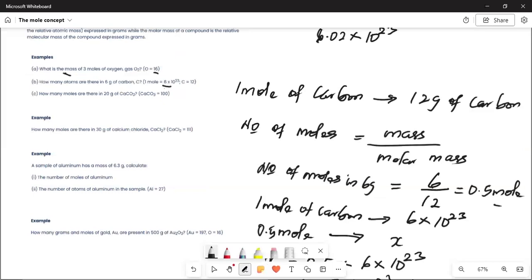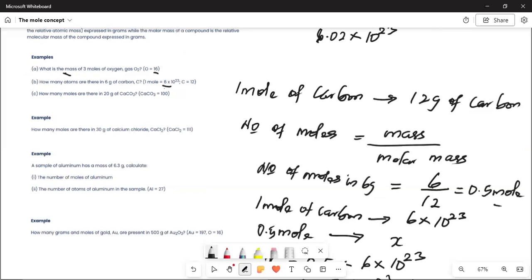To get the number of atoms, 1 mole of any substance, in this case carbon, which is an element, contains 6.02 times 10 to the power 23 atoms. However, in this instruction, they omitted the 02 and gave us only 6 times 10 to the power 23. So 1 mole of carbon contains this.